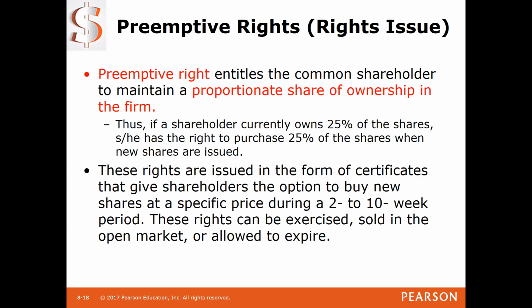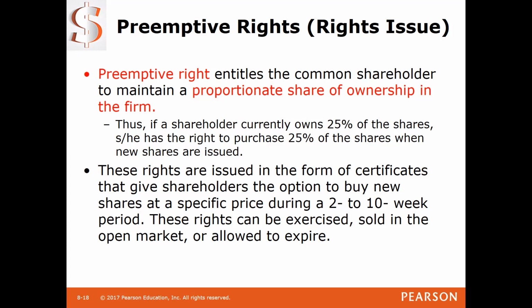And here is the preemptive part. In the older days, these rights used to be issued in the forms of certificates, which give the shareholders the option to buy new shares, but in modern times, it is all very digital. But nonetheless, the shareholder has a brief window within which they have to decide.